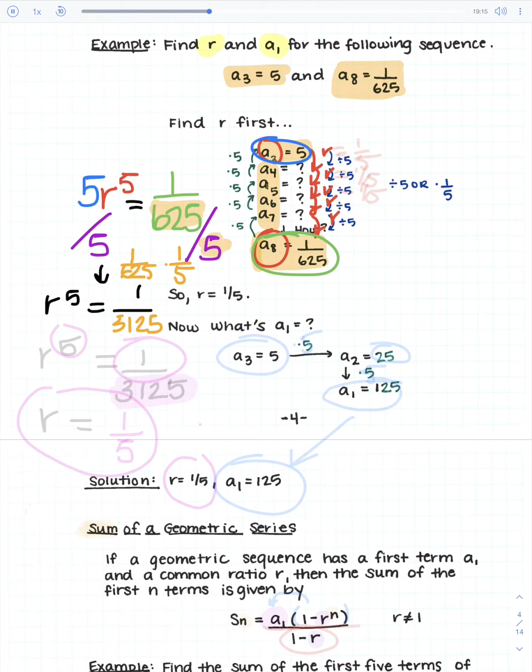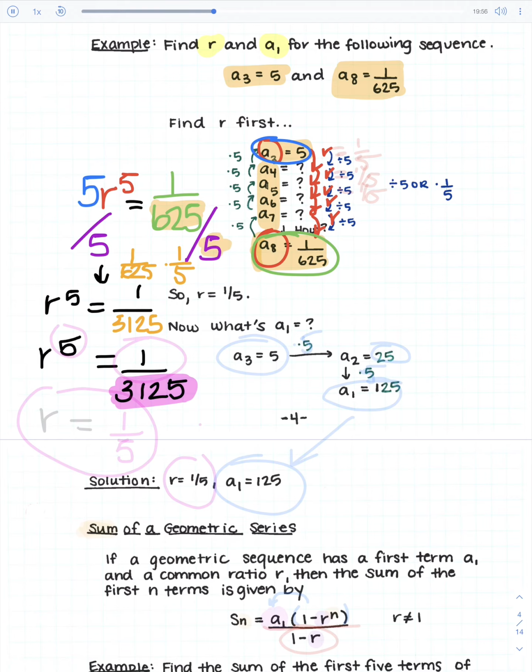So what is this now asking if we're trying to find out what r equals? You're asking what, when raised to the 5th power, will give us 1 over 3125. First of all, I would want to figure out what I need to raise to the 5th to get 3125. So you might want to take the 5th root of 3125. Well, the 5th root of 3125 is 5.